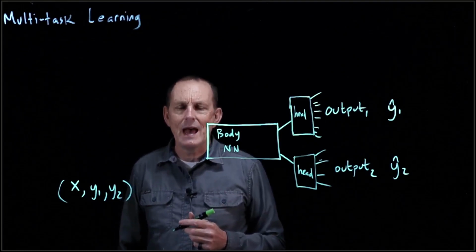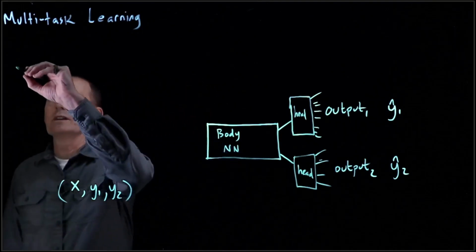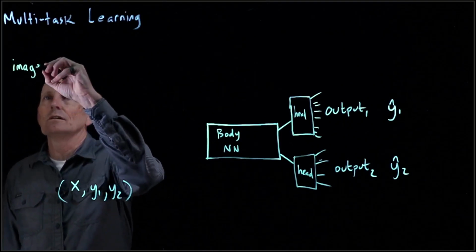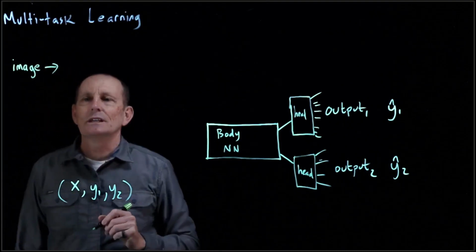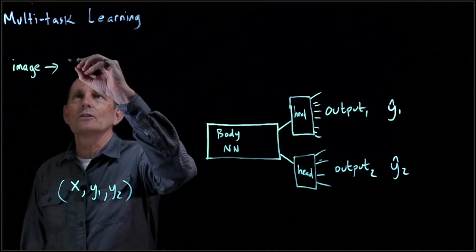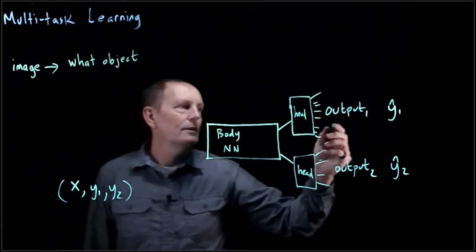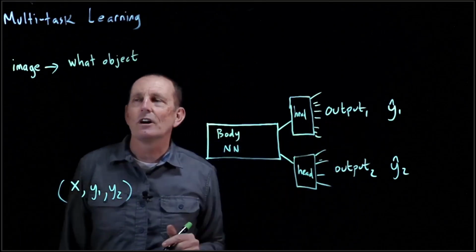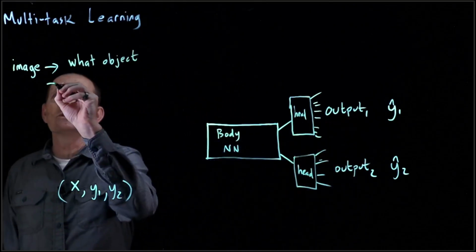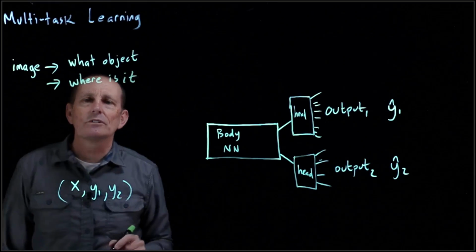So maybe what we have is an incoming image and our output is a category, what object. So therefore our output is going to be some sort of a softmax. But we also have some sort of a where is it.